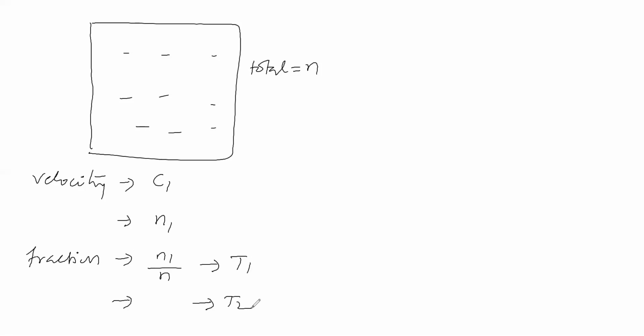One student asks, why can't X be greater than N1? The velocity C1 is possessed by N1 molecules, so the fraction is N1 by N when the temperature is T1. Now when the temperature is T2, how will it be? That we have to see.